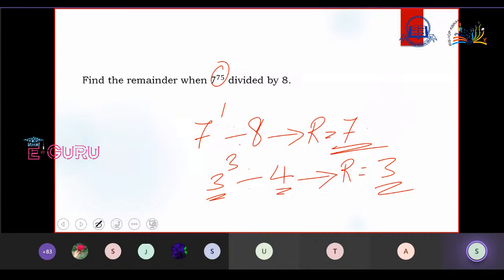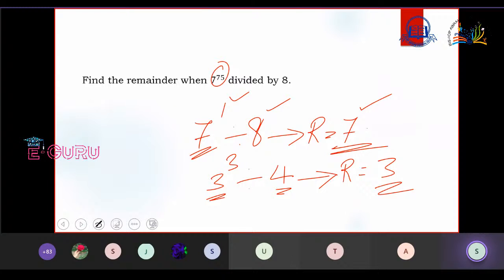So from here we can observe that if the odd power comes and we are dividing with the next number, the remainder will be the same as the base value. Here, 7 raised to 1 divided by 8, the power is odd, divided with the next number, the remainder is the base value, that is 7.